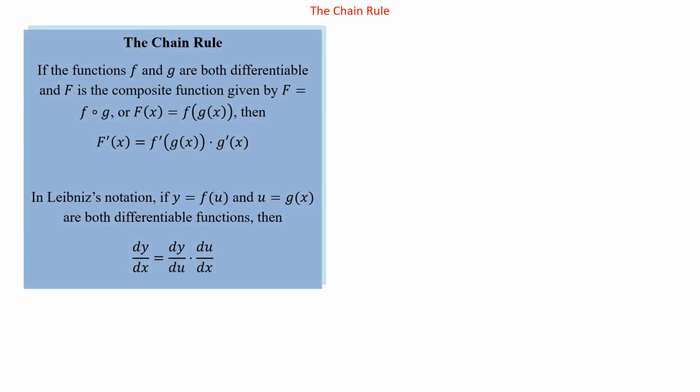So let's start out with the chain rule. The chain rule allows us to take derivatives of composite functions. A composite function is when we have something like f of g of x. What it says is that for the derivative, we take the derivative of the outside part of the function and then multiply by the derivative of the inside part of the function.